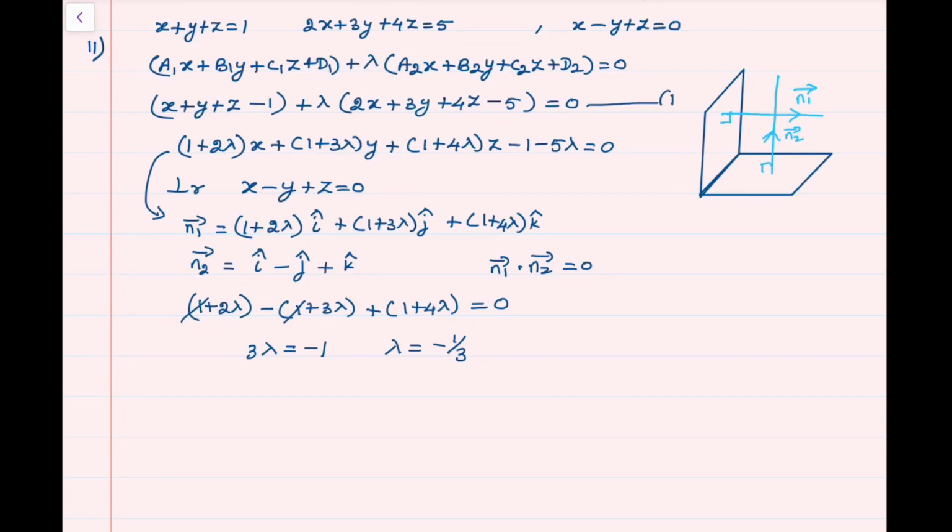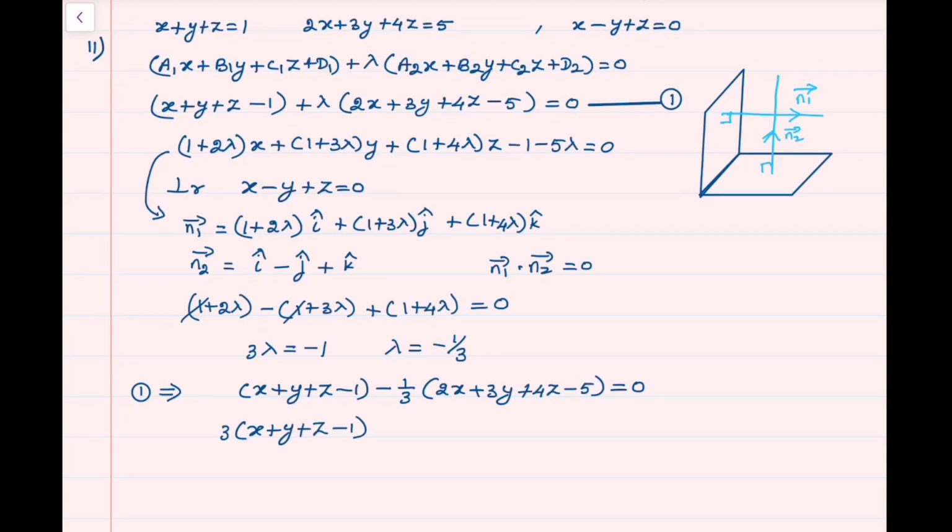Let us substitute the value of λ in equation number 1. (x + y + z − 1) − 1/3 times (2x + 3y + 4z − 5) equal to 0. Let us multiply this equation by 3. We get 3 times (x + y + z − 1), the 3 will get cancelled here, minus of (2x + 3y + 4z − 5) is equal to 0.